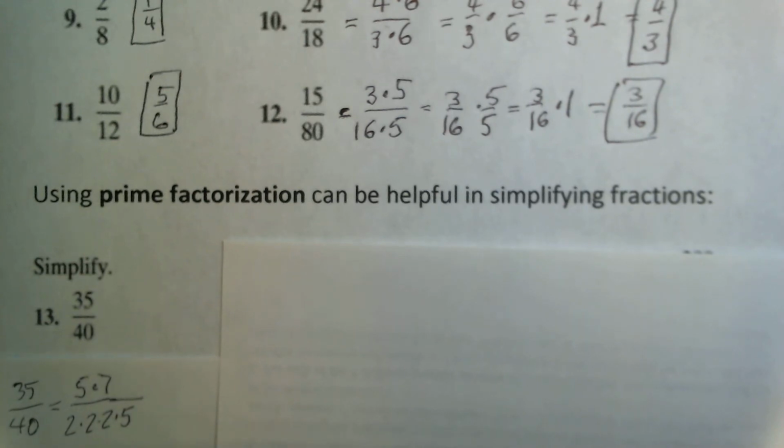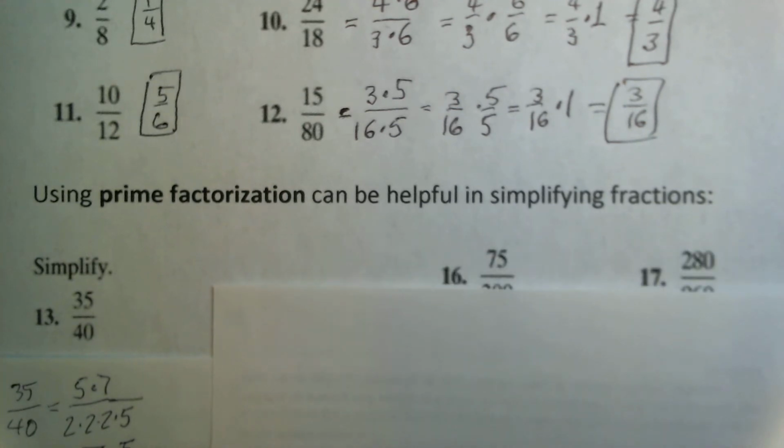And so we can rewrite this now as 7 times 5 divided by 2 times 2 times 2 times 5, or 7 divided by 2 times 2 times 2 times 5 divided by 5, and 5 divided by 5 is 1.